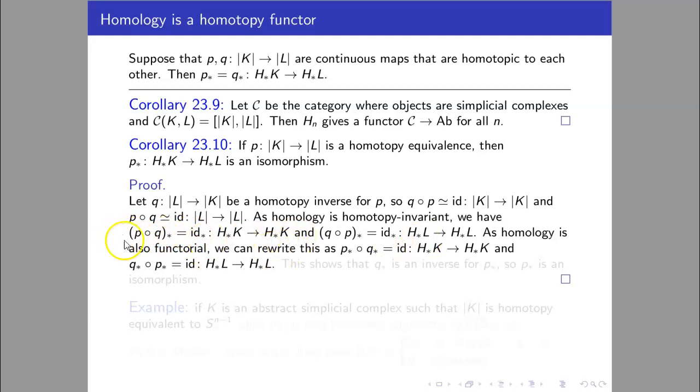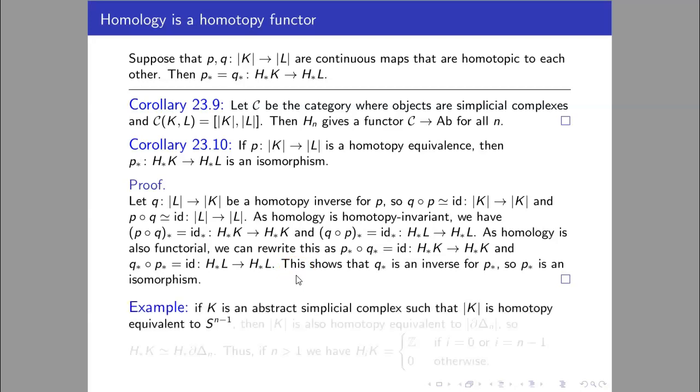So this relation is the same as saying P star composed with Q star is the identity, and this one is the same as saying that Q star composed with P star is the identity. So these two relations are saying that P star and Q star are inverses to each other, and so they're both isomorphisms.